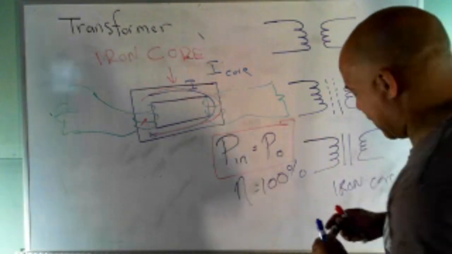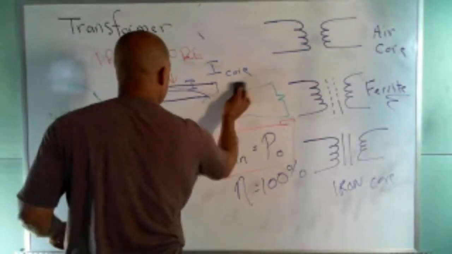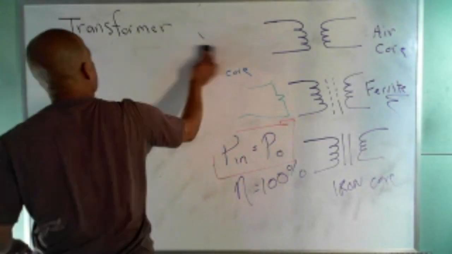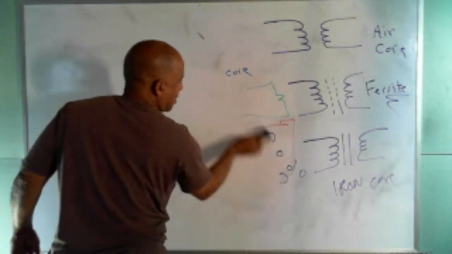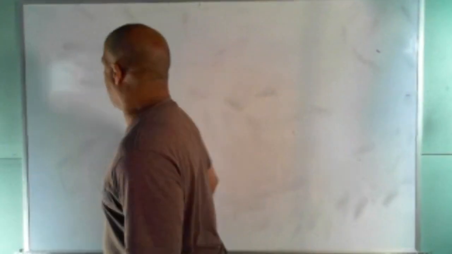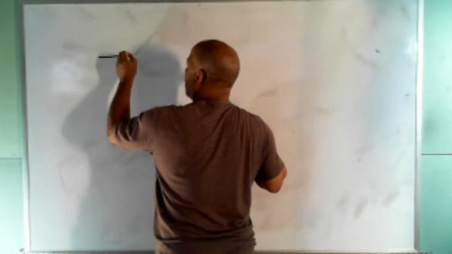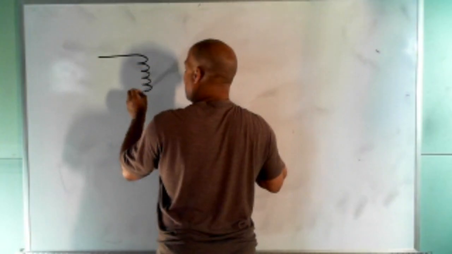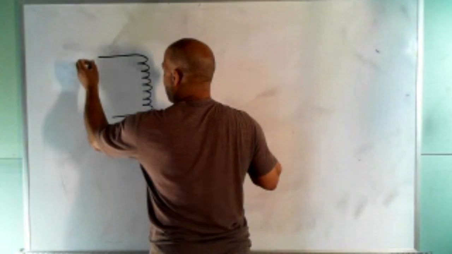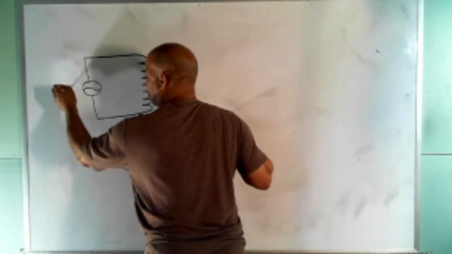So let me put my schematic back up there again. And I want to give you some more names. So now we got the correct symbol for the transformer. I'm going to draw it neater now. So here we go. We got our source, and there's our source voltage.